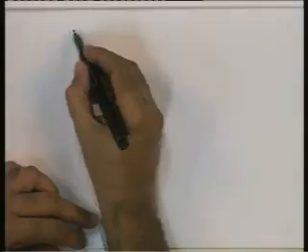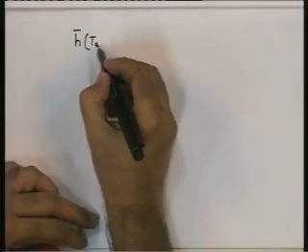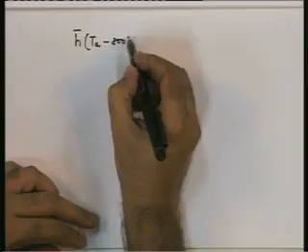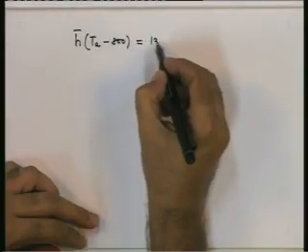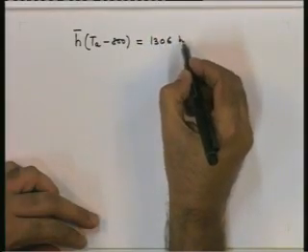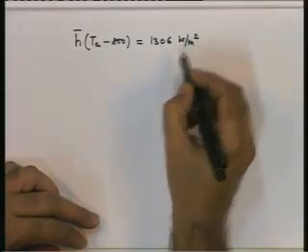Again, I will write down the equation. The equation to be solved is H bar (TA minus 800) equal to 1306 watt per meter squared.